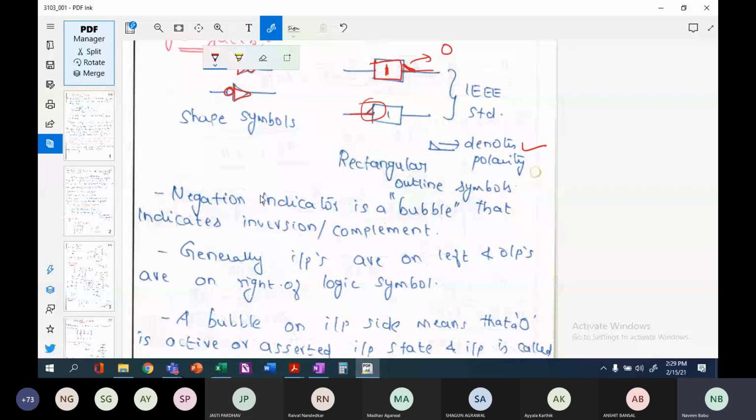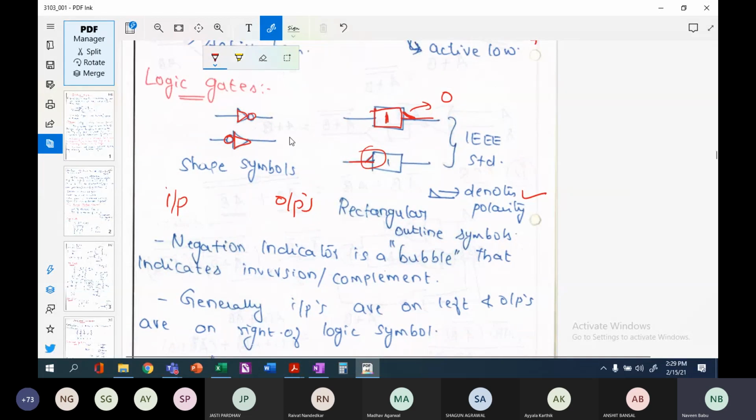We have seen this multiple times. Always your inputs will be on the left hand side and your outputs will be on the right hand side. Now, if a bubble is towards the input side, it means that you are giving a complemented input.